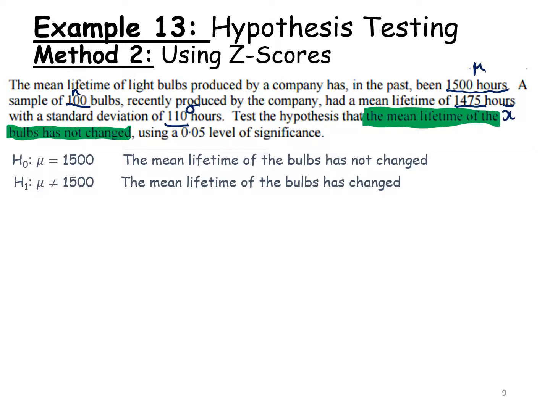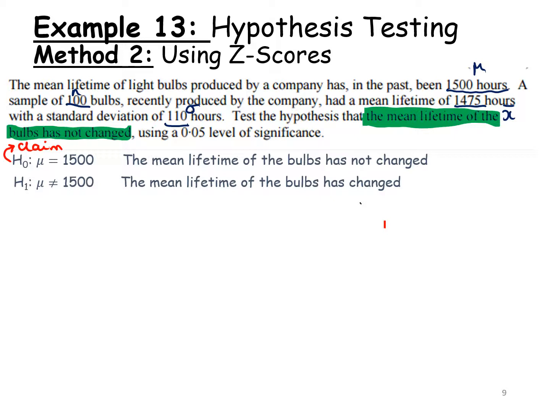So just be so careful. It is much better to try and understand the question and make the connection between what is being asked and what the null hypothesis means. So remember, we're always dealing with mu equals, and that would mean mu equals 1,500, and if it was still 1,500, nothing has changed. So our claim is actually equal to our null hypothesis. So this is our claim.